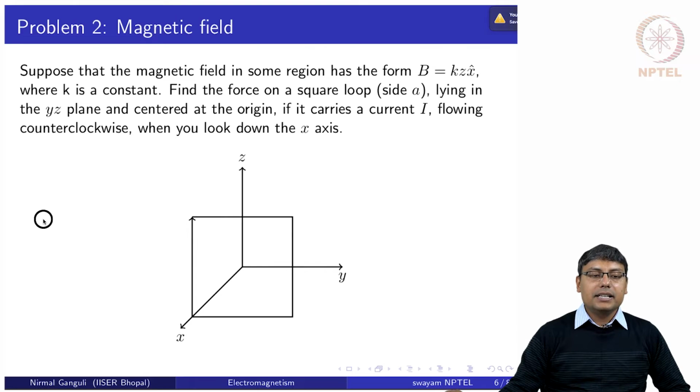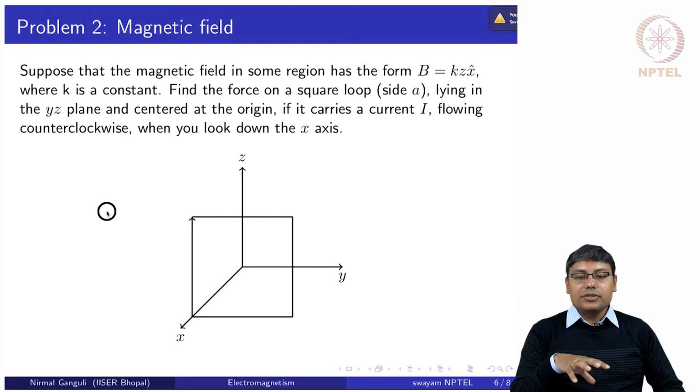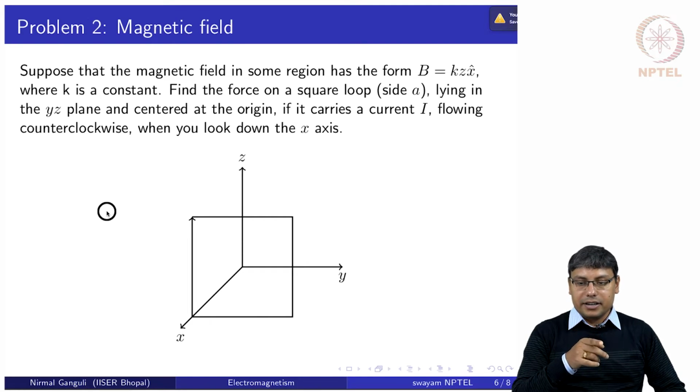And then let us move on to the next problem, that is related to magnetic field. Suppose that the magnetic field in some region is given as B equals kz along x cap direction where k is constant, and in that region we have a square loop of side A, arm length A, and that is carrying current.